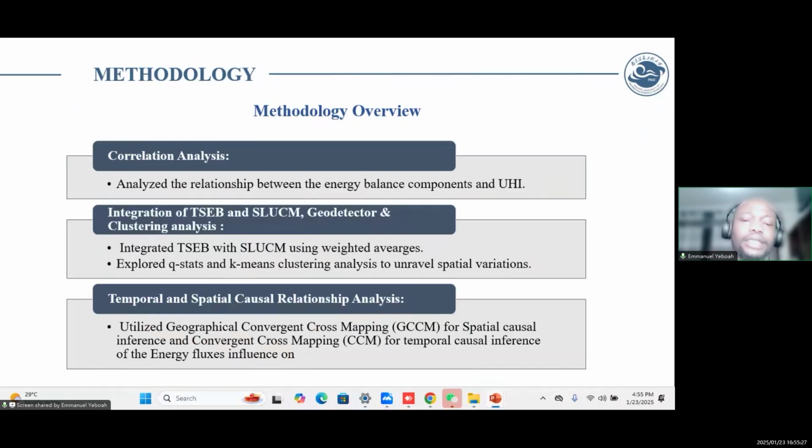For instance, let's say UHI or temperature is related to built-up or urbanization, and you have a value of, let's say, 0.76. The question is, is the influence coming from built-up or from temperature? You can't tell, you can just say that the correlation is 0.6, but not from which to which.